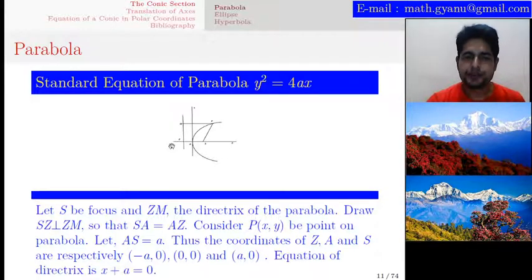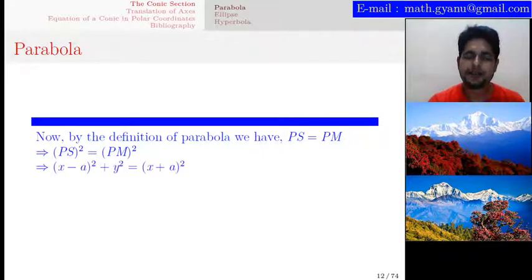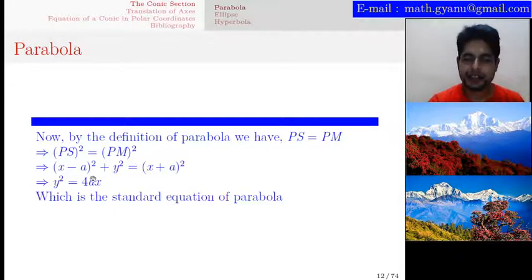Now by the definition of parabola, we have PS equal to PM. This implies PS squared equals PM squared, and from this figure, using the distance formula, we have (x - a) whole squared plus y squared equals (x + a) whole squared, and simplifying you will get y squared equals 4ax, which is the standard equation of parabola.